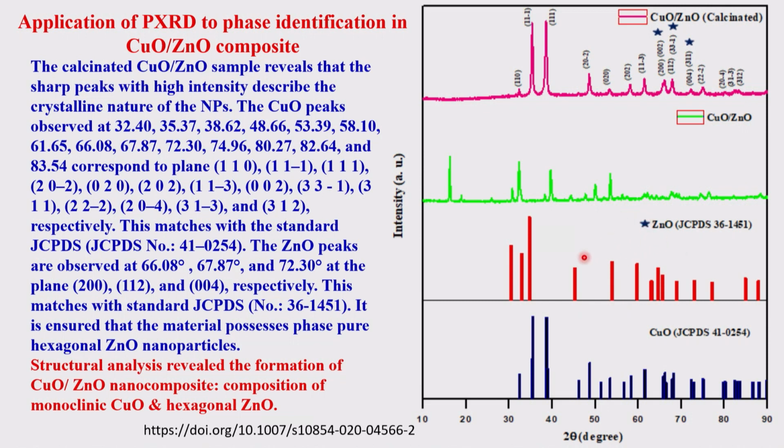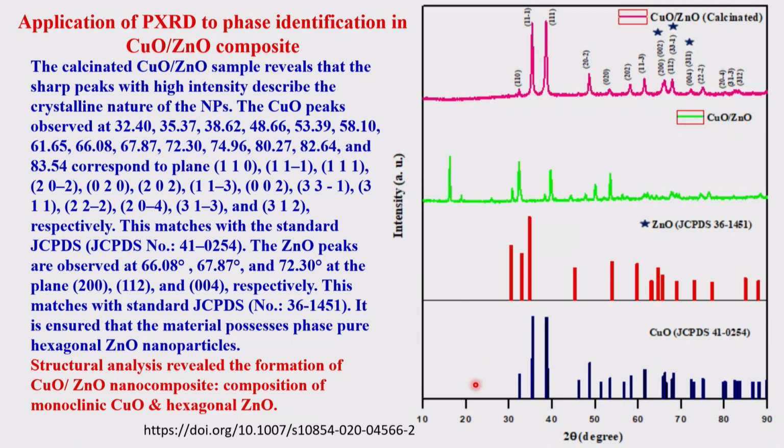This is the zinc oxide, which will match with the corresponding reference, and this zinc oxide is the hexagonal form and the copper oxide is the monoclinic form. Now these two are taken and made into a composite.